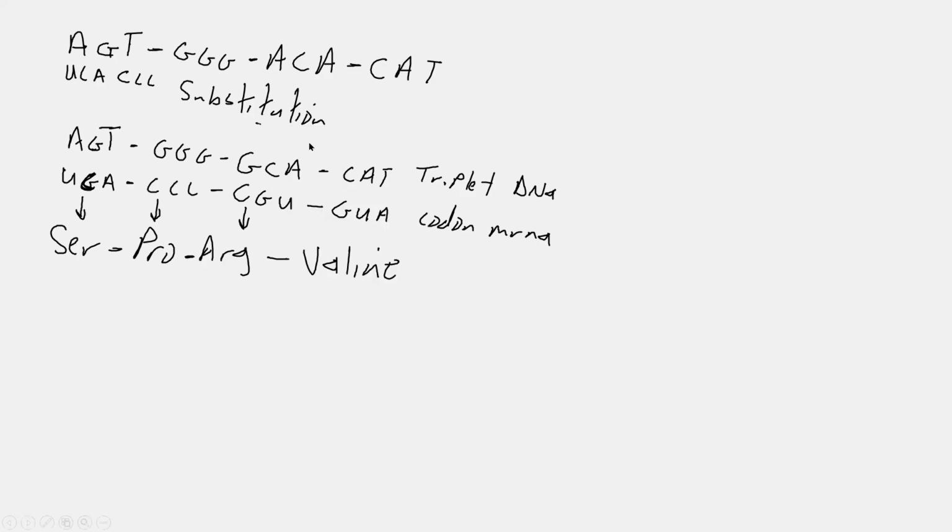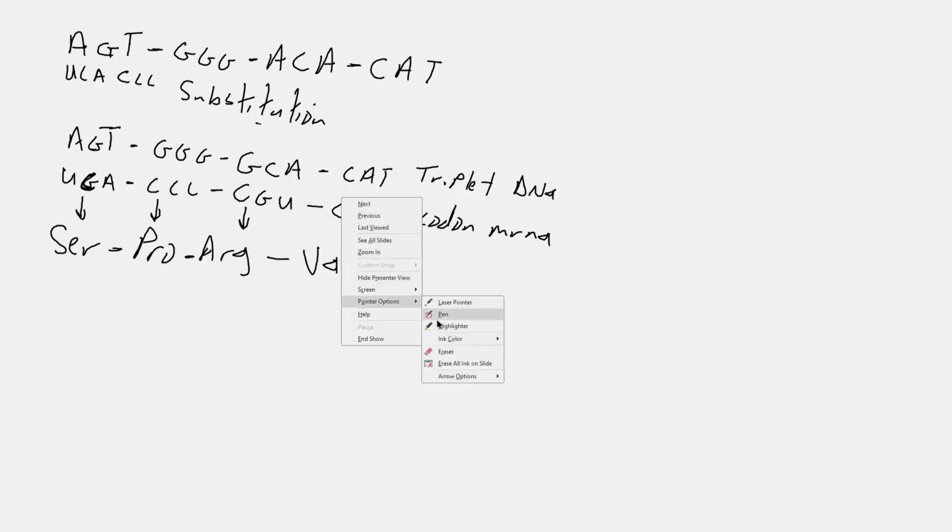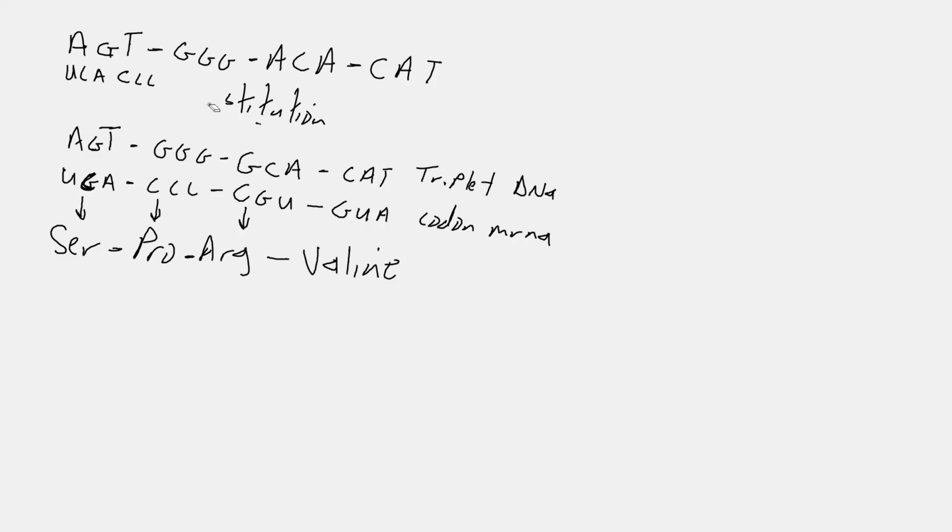That is going to be the only difference we have. So CCC, and this one here gives us UGU instead of CGU. And of course, CAT gives us GUA.